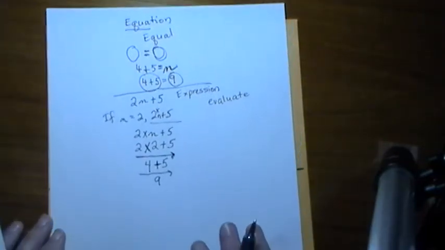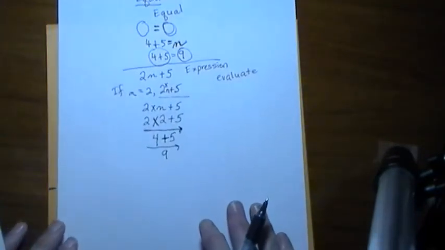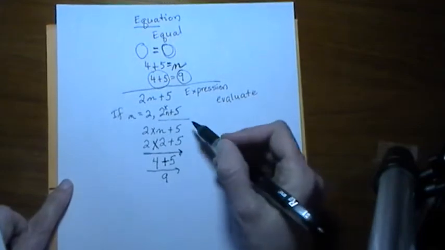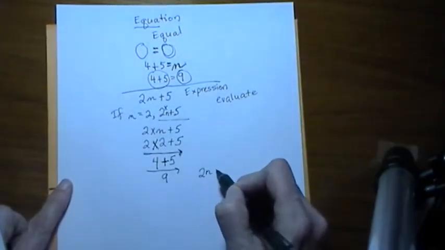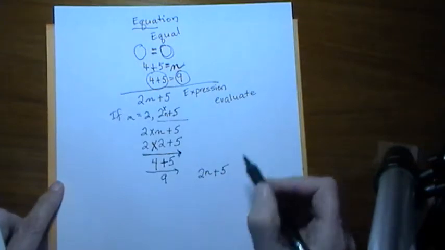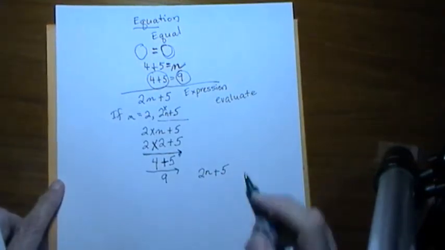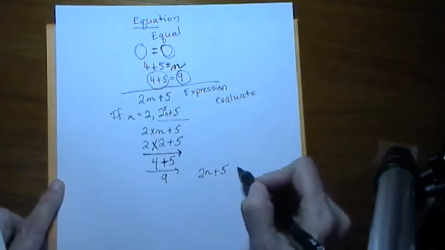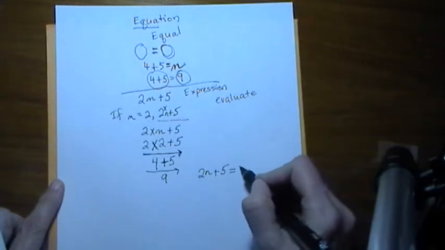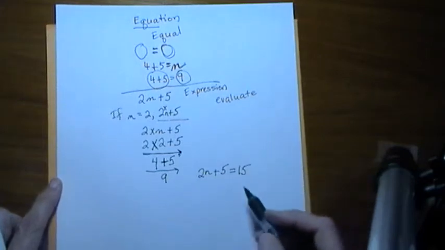So now let's take an equation that's similar to our expression 2 times n plus 5, but this time we'll make it into an equation. 2 times n plus 5 equals, let's say, 15.